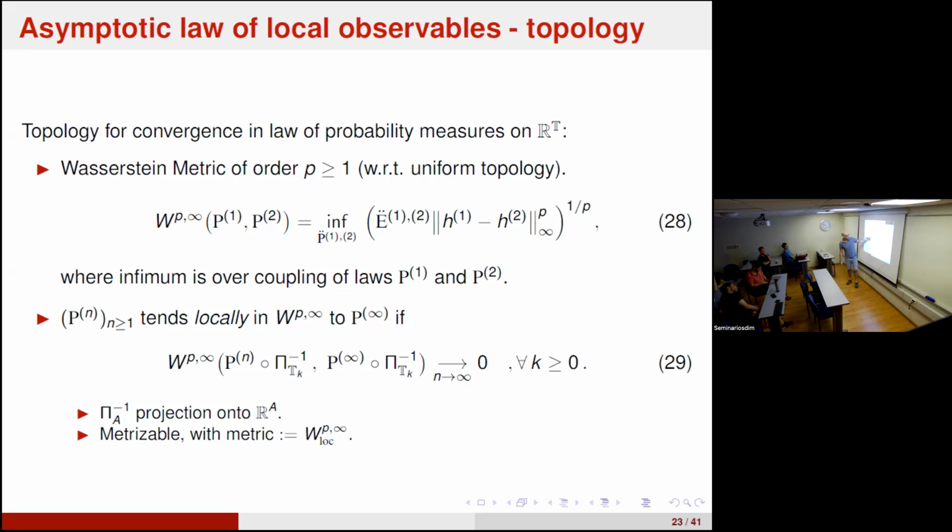For the Wasserstein distance of order p between two such probability measures, I look at all possible couplings of these two fields. Under this coupling, one of them has law P1, the other has law P2. I look at the uniform distance between the two fields, I take the pth moment, or the Lp norm, and the infimum over all possible couplings is the Wasserstein metric of order p.